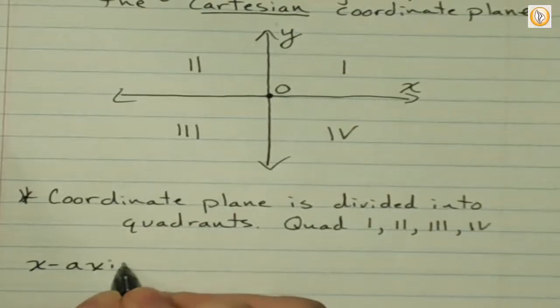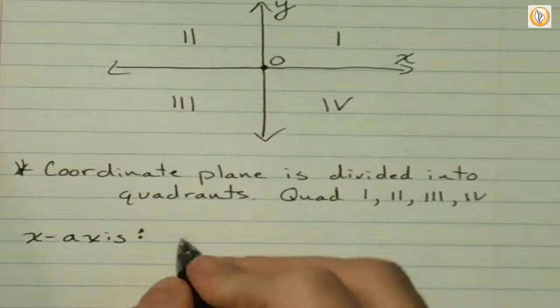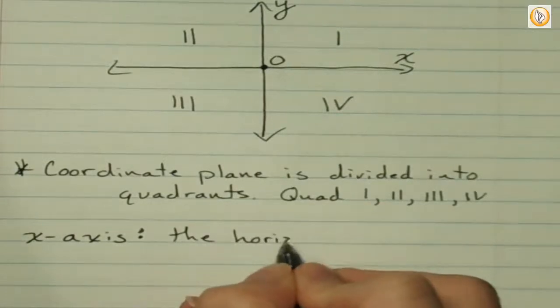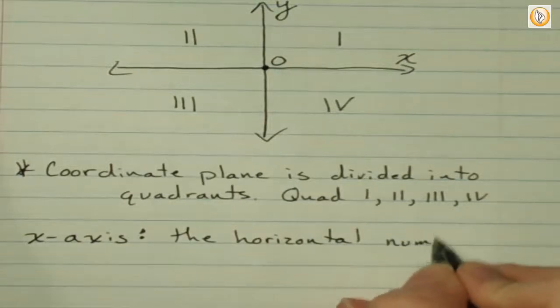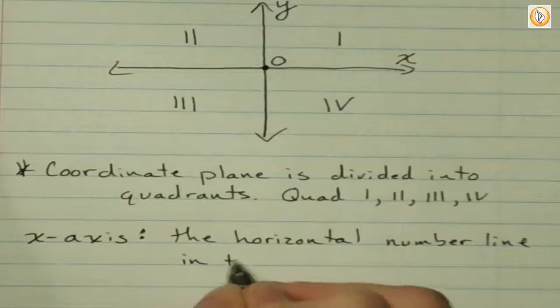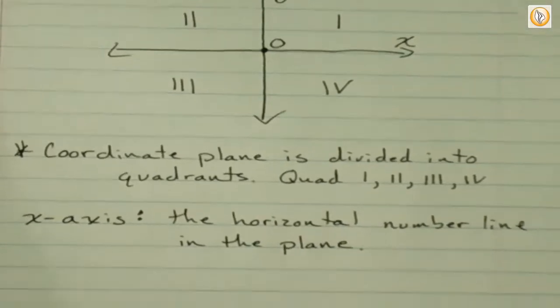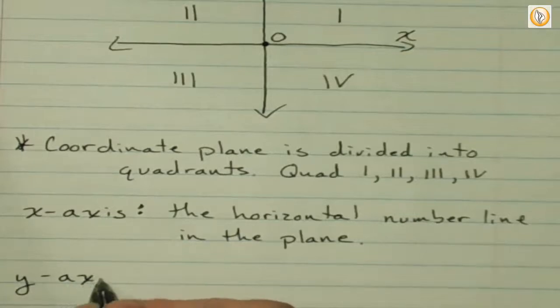X-axis is the horizontal number line in the plane. And the y-axis, I'll let y'all catch up.